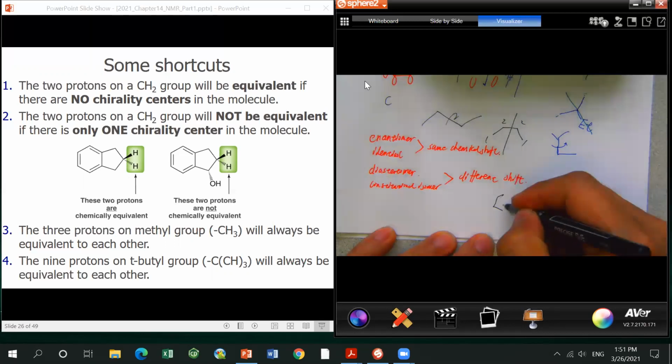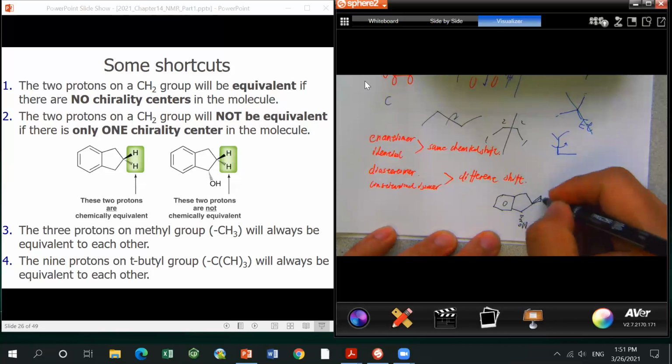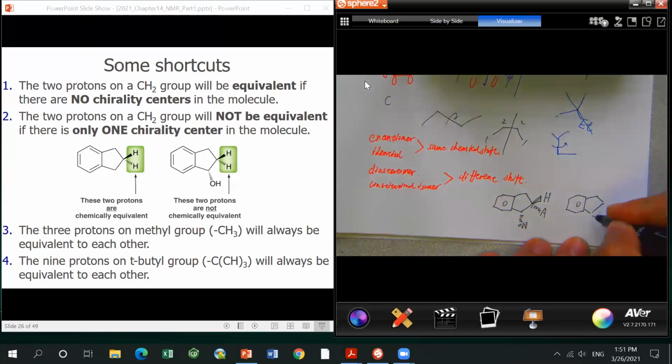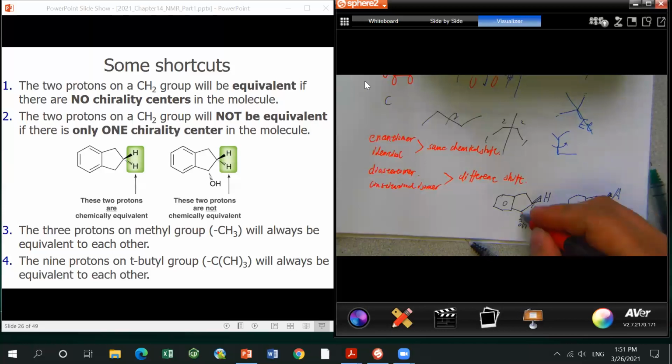We replace one proton with the letter A each time. For example, we replace the hydrogen on the wedge bond with A, and next we replace the hydrogen on the dash bond with A, keeping the other as H. Then you look at the relationship between these two molecules and find they are diastereomers: one stereocenter is the same, the other is opposite.